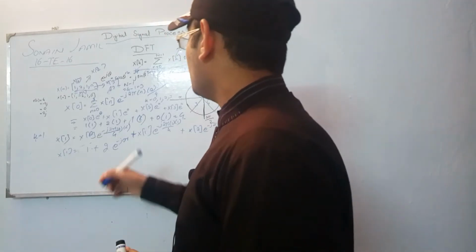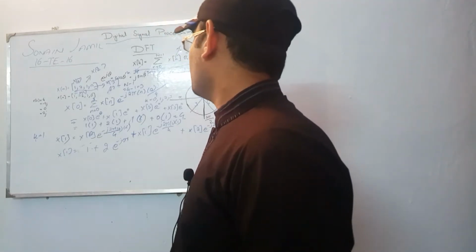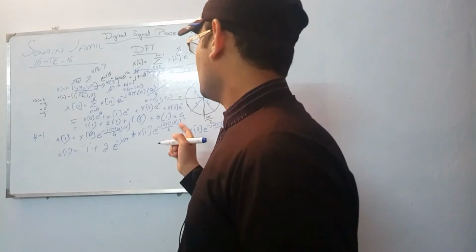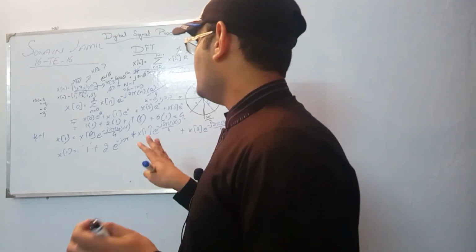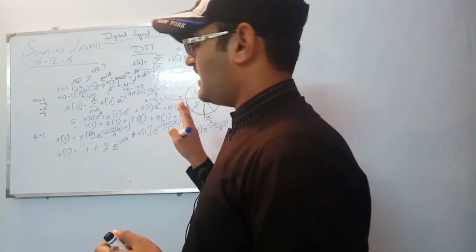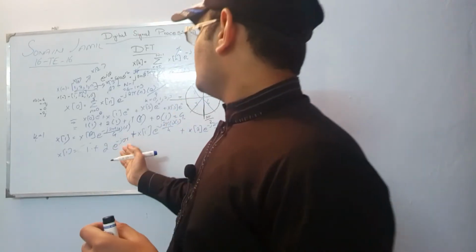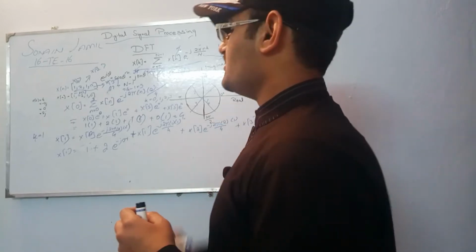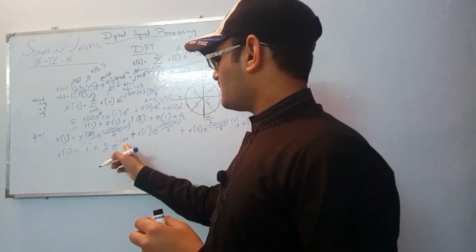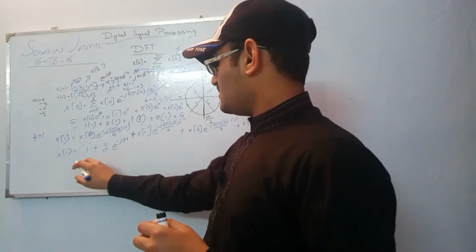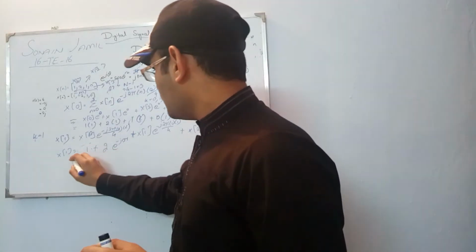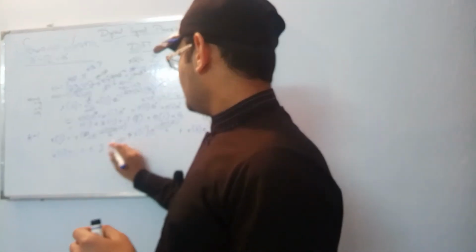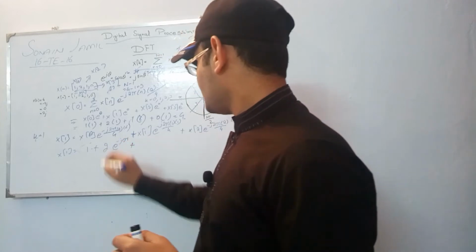So what is the value of e power minus j pi? I have calculated the value of e power j pi by 2, which was j. Just put the value of that in this one.